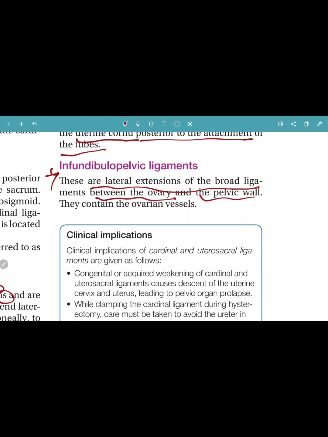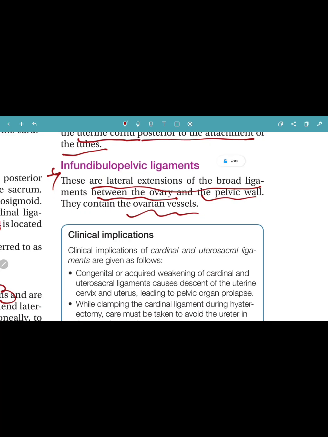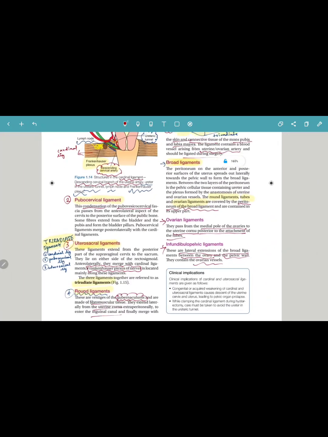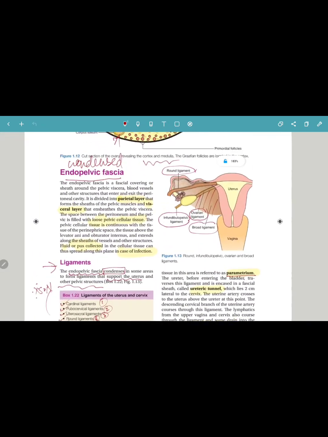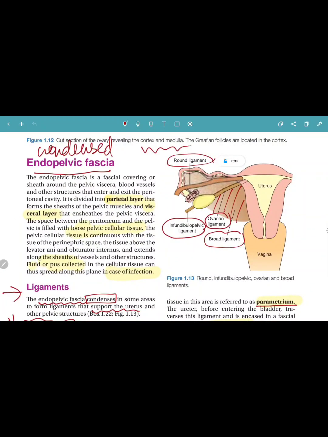They contain the ovarian vessels. So I'll revise this figure for you. You have your round ligaments over here, then your ovarian ligament, then your infundibulopelvic ligament, and this is your broad ligament.